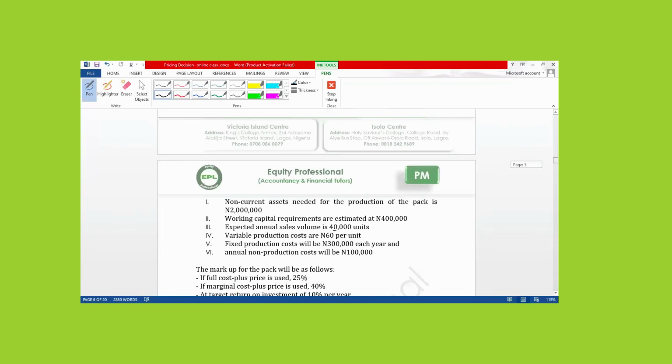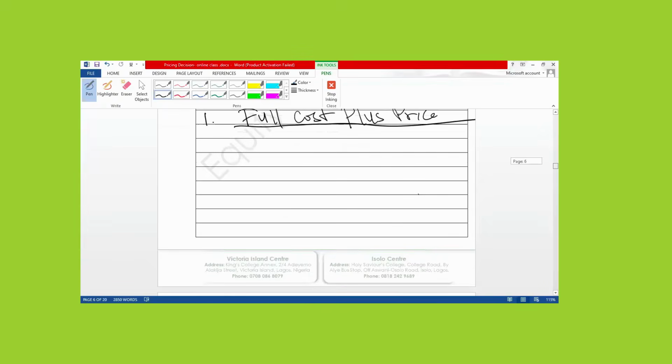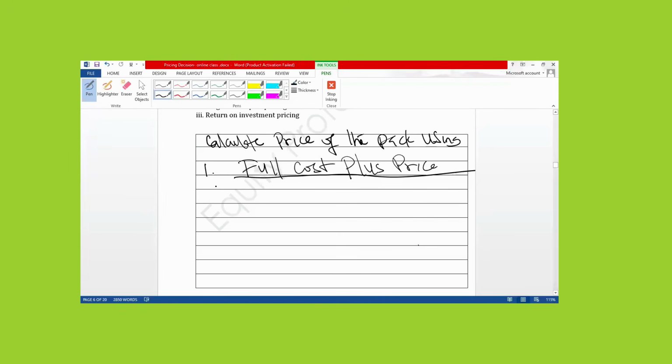Let's go to the data. Variable production cost, 16 naira per unit.